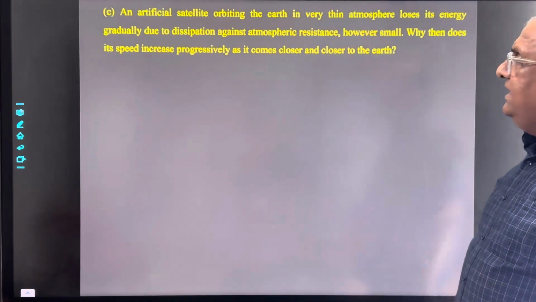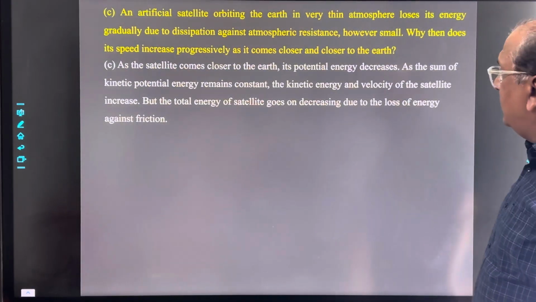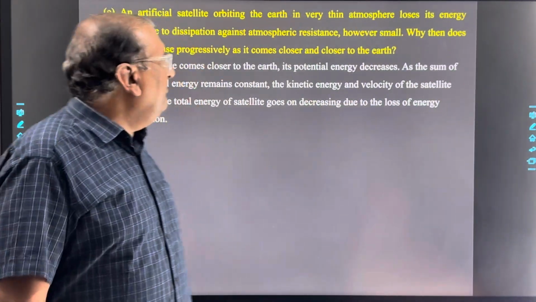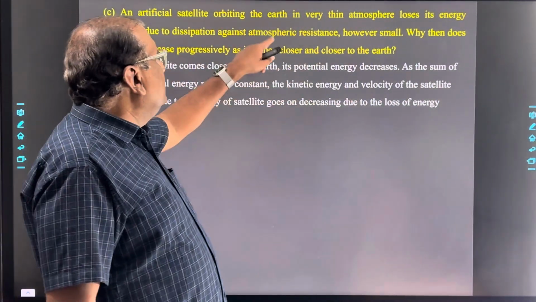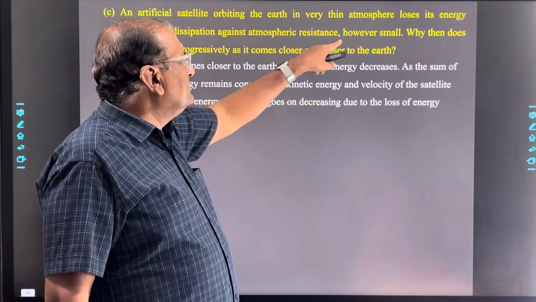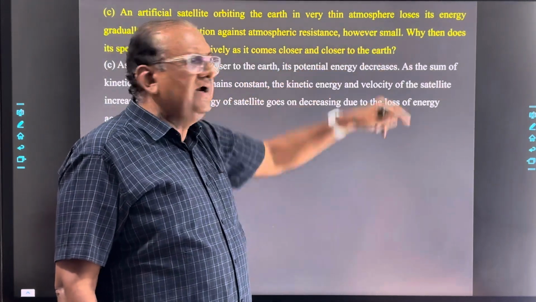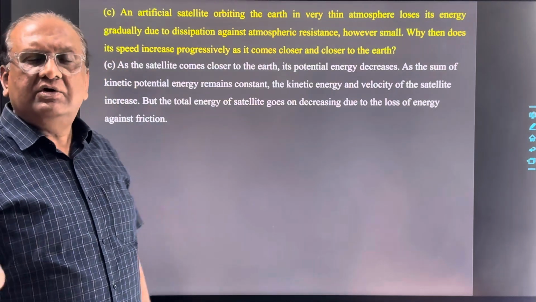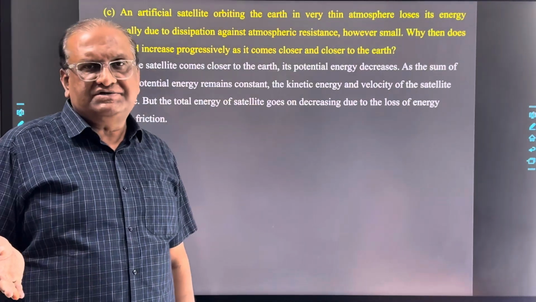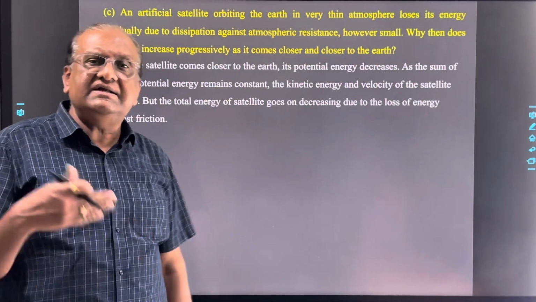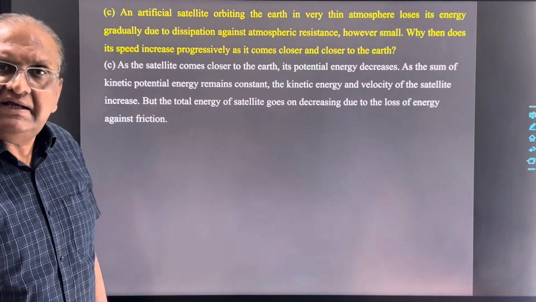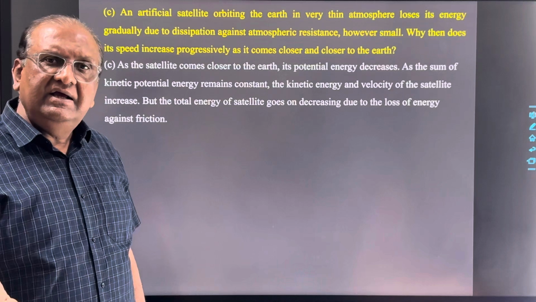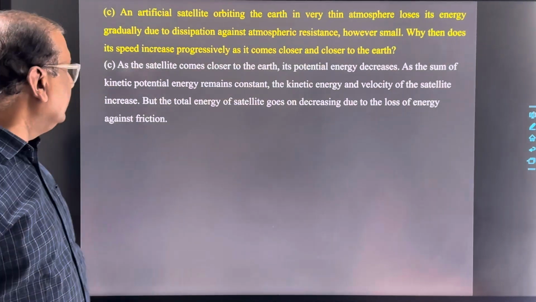Because when it comes closer to the earth, its potential energy decreases, and when we neglect this atmospheric resistance, however small it is, then the total energy is almost constant. So when potential energy decreases, kinetic energy increases, and therefore its speed increases.